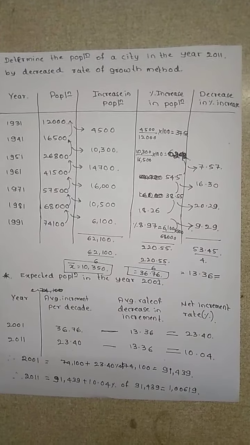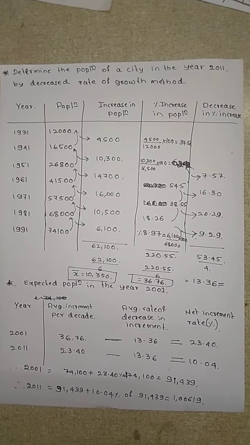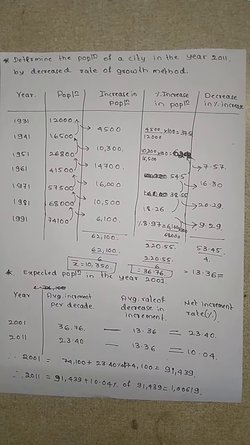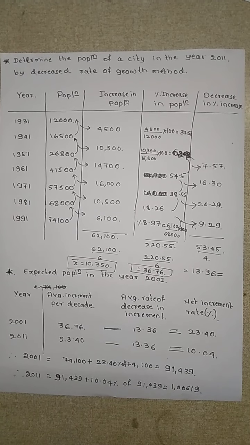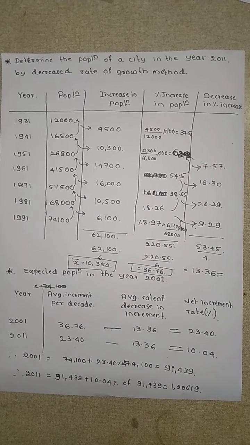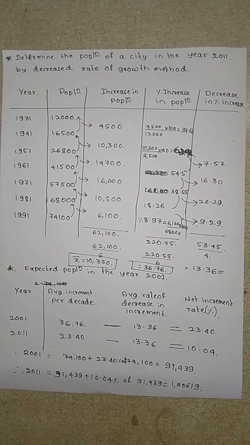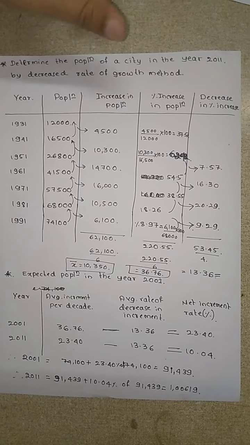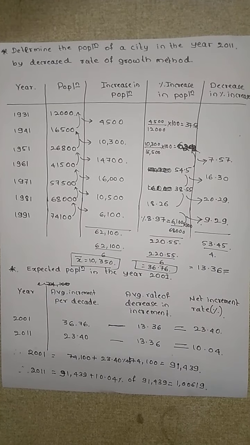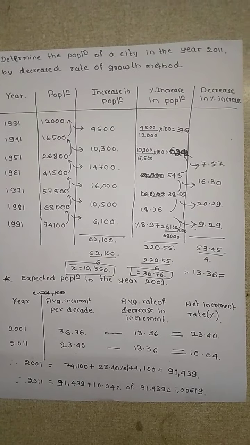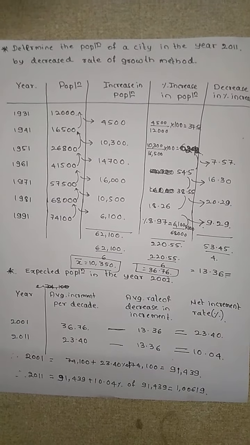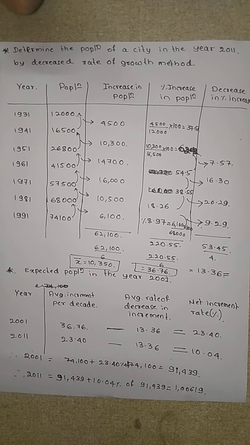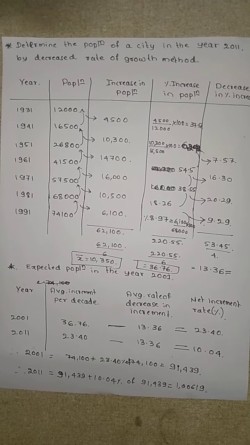So in this method we will solve one problem. Determine the population of the city in the year 2000 by the decreased rate growth method. Here the population is given for the successive years. Since we want the decrease rate of growth method, what we need to find out is the increase in population, then the percentage increase in population, and later the decrease in the percentage increase in population.